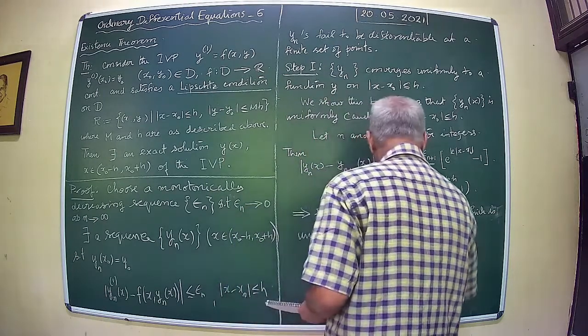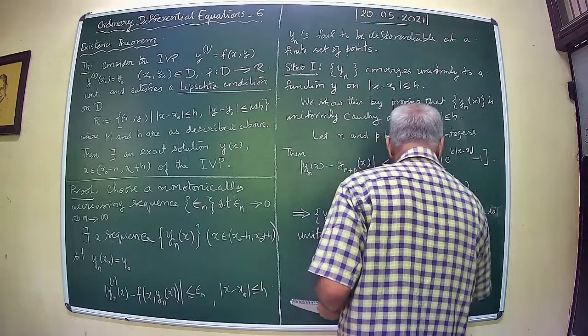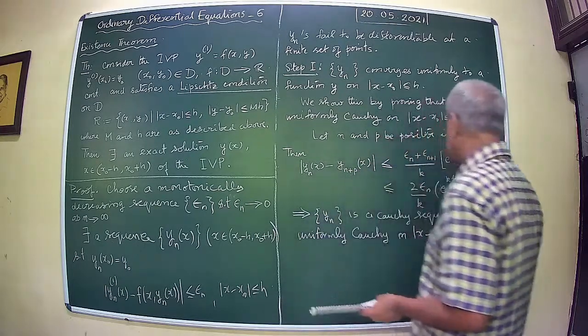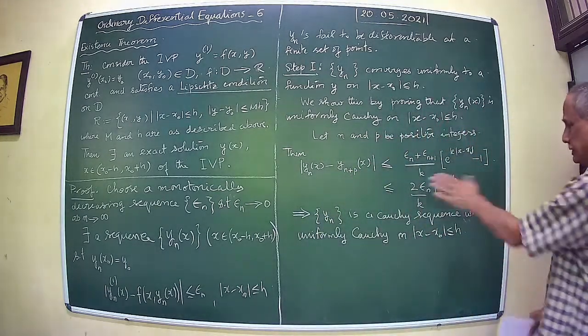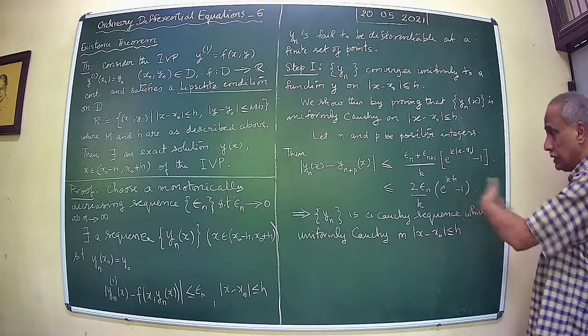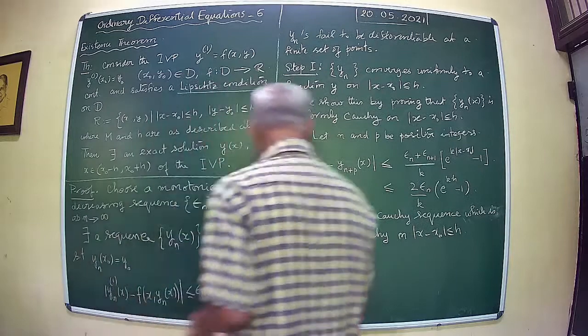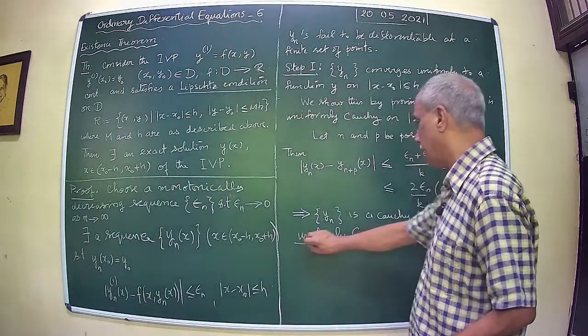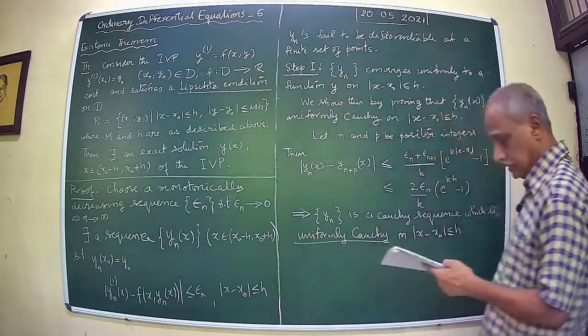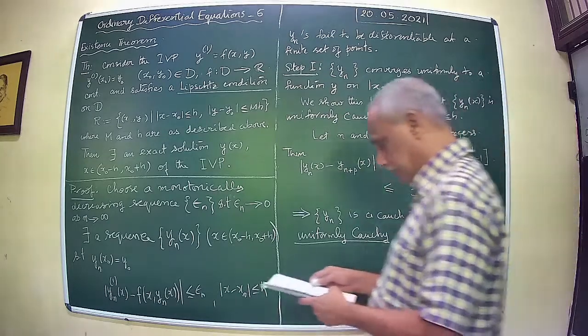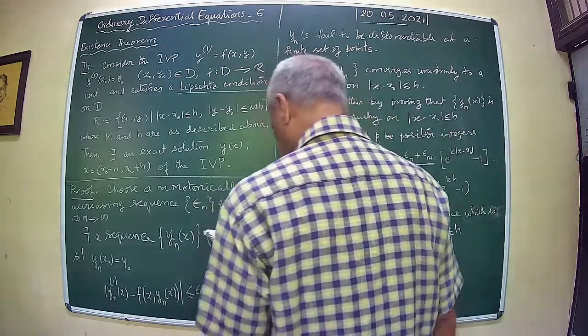It is uniformly Cauchy on the interval, because the estimate that you have here does not depend on the point on the interval |x - x_0| less than or equal to h. Therefore, it is uniformly Cauchy. So what do you get? These are all continuous functions.